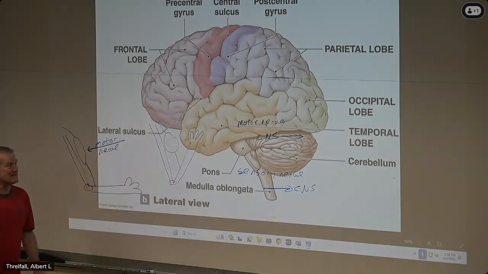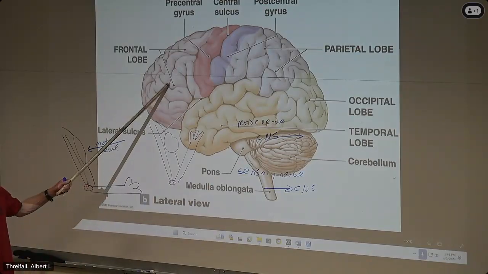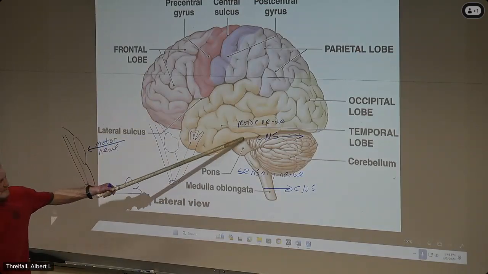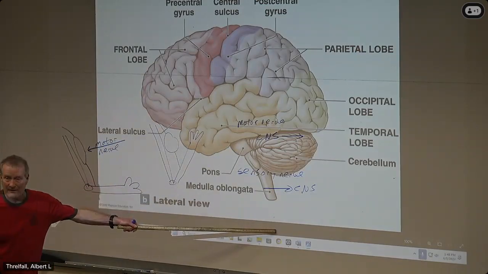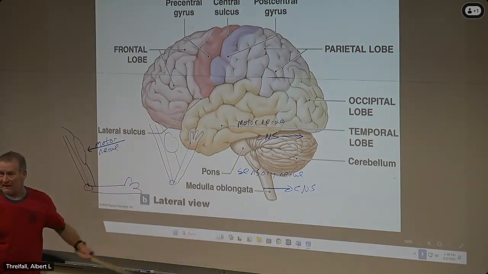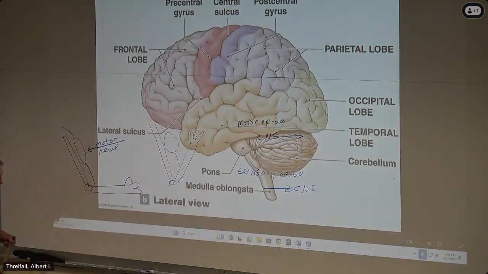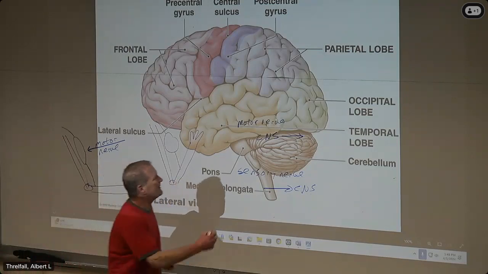And it sent the signals from my frontal lobe down my spinal cord, out to my arm, innervating the muscles that were necessary to do that action. So motor, think frontal.